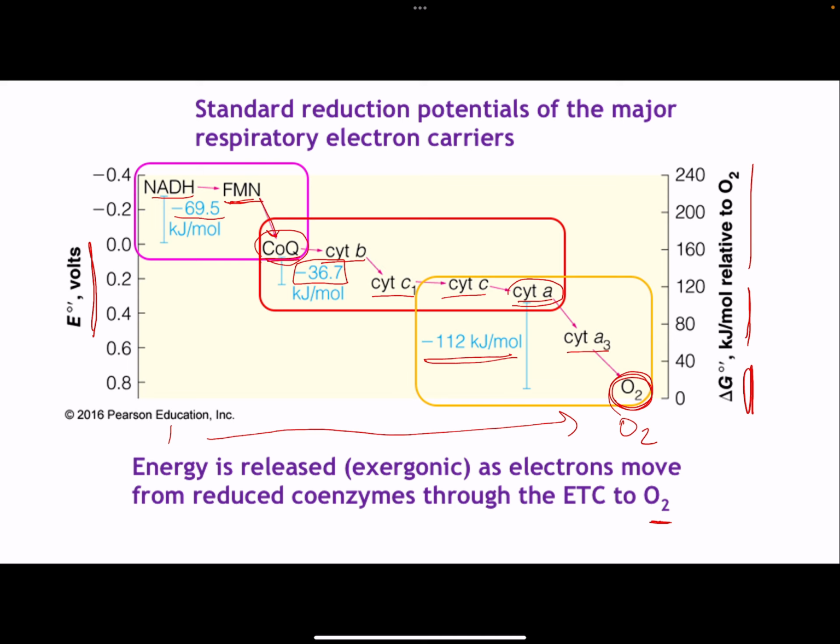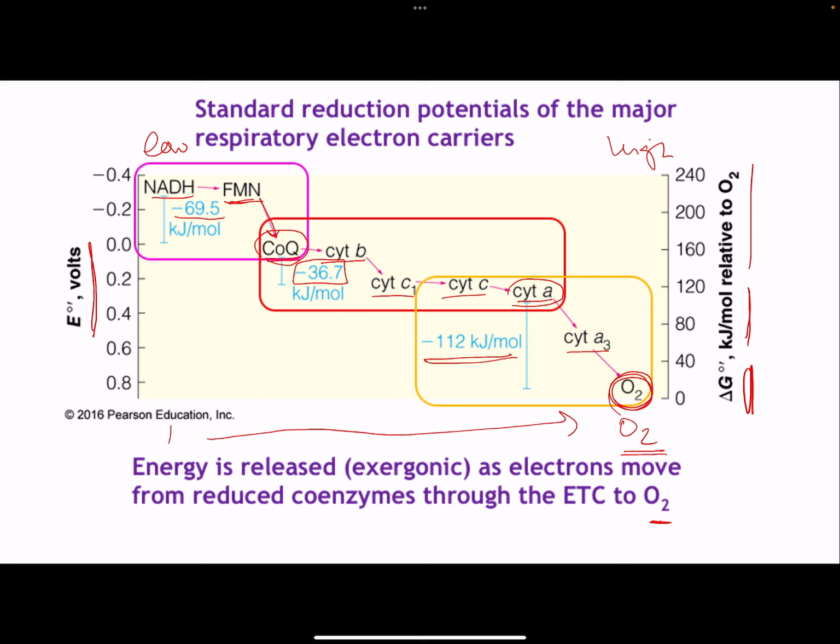Because of the properties of each of these electron carriers, they're going to have different standard reduction potentials. And as these are organized from low to high, the cell takes advantage of this particular property in order to have the whole process of transferring electrons from NADH to oxygen as an exergonic spontaneous process.